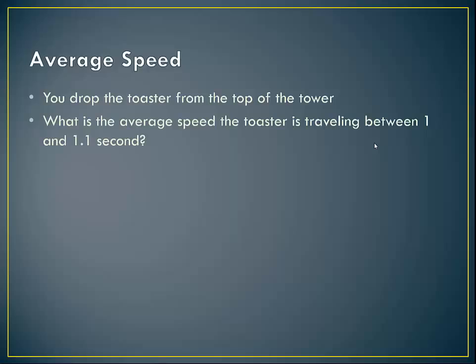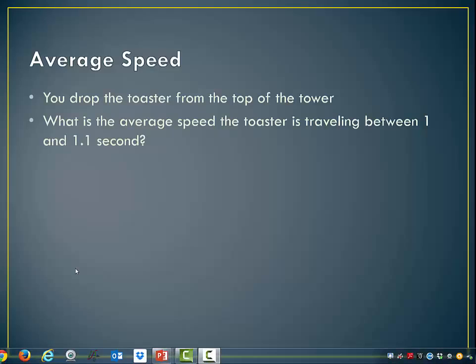You drop the toaster from the top of the tower, but now I want to know the average speed the toaster is traveling between 1 and 1.1 seconds. So I still go through my average rate of change, my change in y over my change in t, but now I'm interested between 1 and 1.1 seconds.